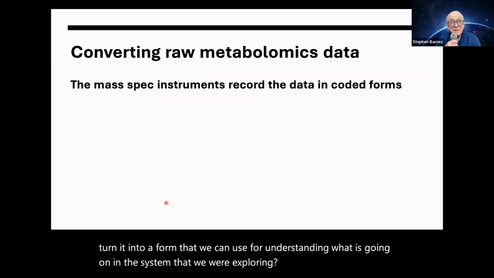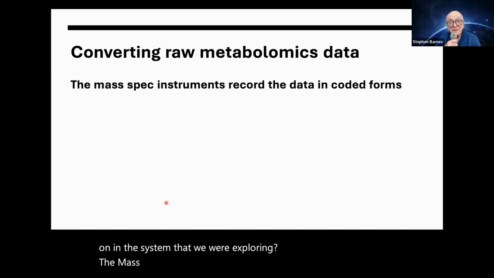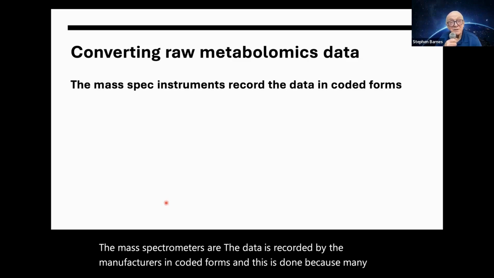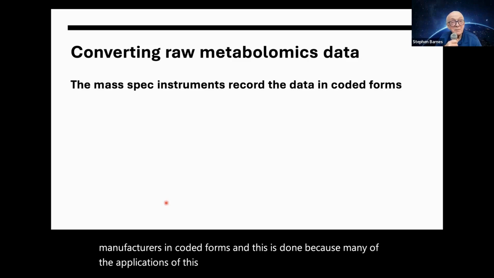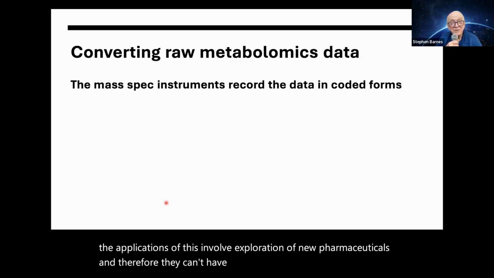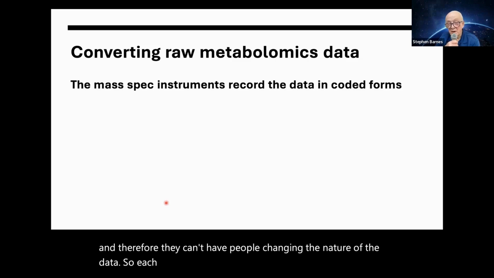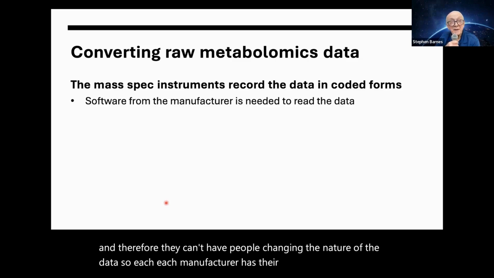The data is recorded by the mass spectrometer manufacturers in coded forms, and this is done because many of the applications of this involve exploration of new pharmaceuticals, and therefore they can't have people changing the nature of the data. So each manufacturer has their own coded form.